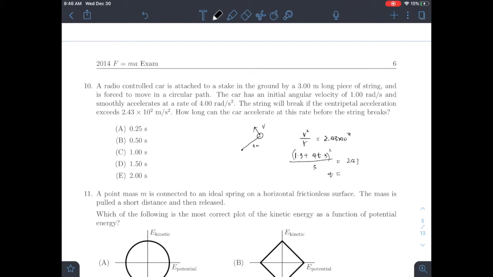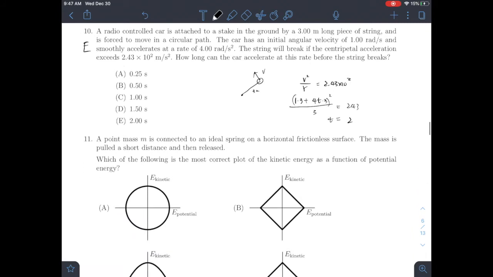Then we just calculate t. So we plug into our calculator, 3 times 243, square root it, and then minus 3, divided by 12. We will have our answer, which is t equal to, let's calculate, 2.